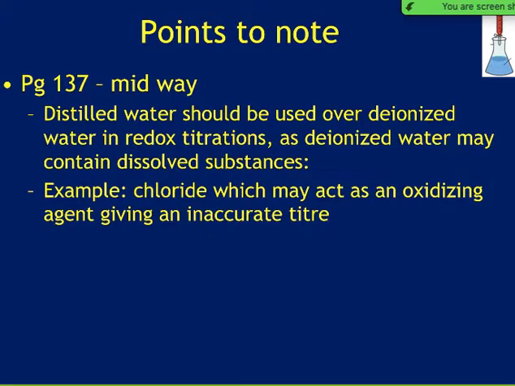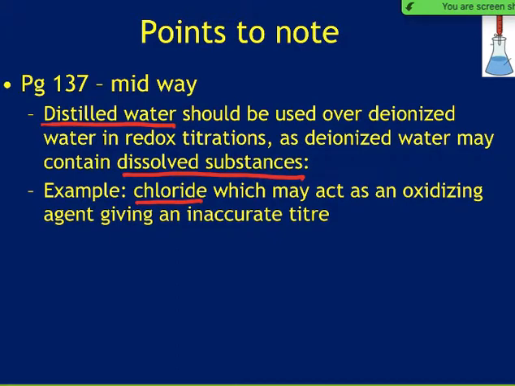So in this, we should use distilled water instead of deionized, because there could be dissolved substances in our DI. So there could be chlorides in there or other things that will act as oxidizing agents. They'll reduce our titer for us when we actually do titrate, because some of it will be gone.